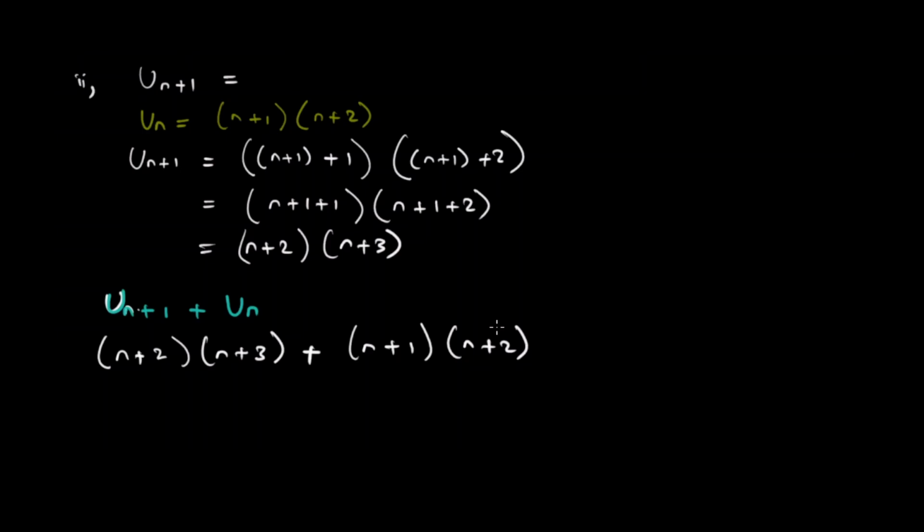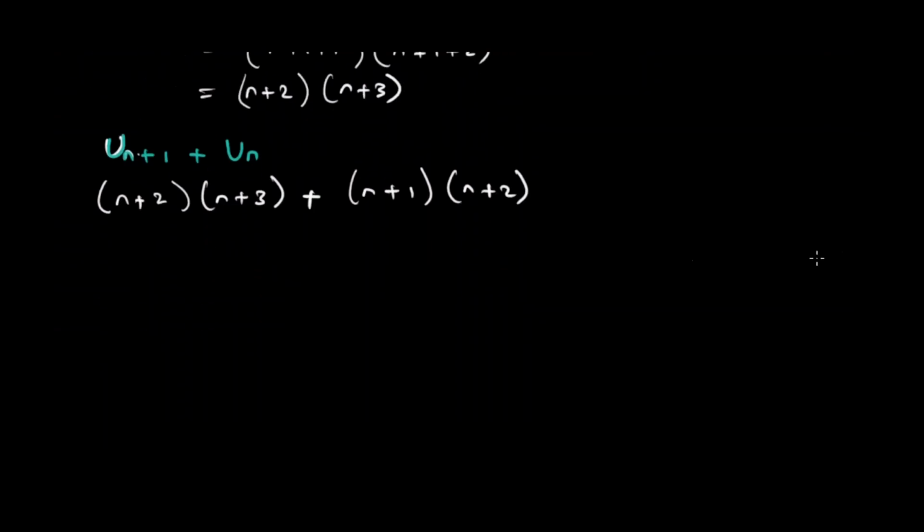So what we have to do is just expand brackets, but before we even expand brackets there's a clever way. Terms are separated by the arithmetic operators plus and minus, so we can factor out n plus 2. Here we are left with n plus 3, plus here we are left with n plus 1, like this.